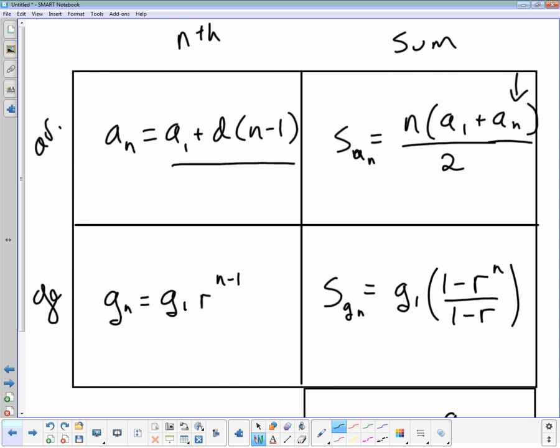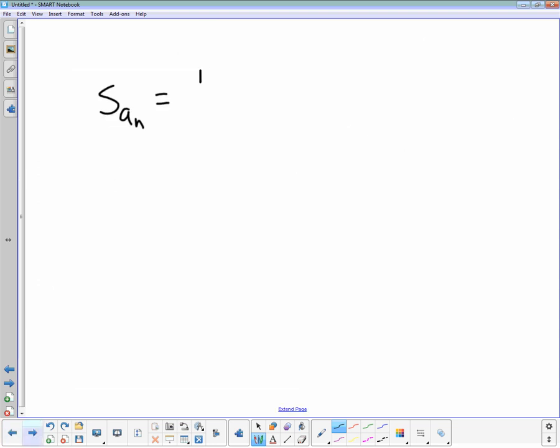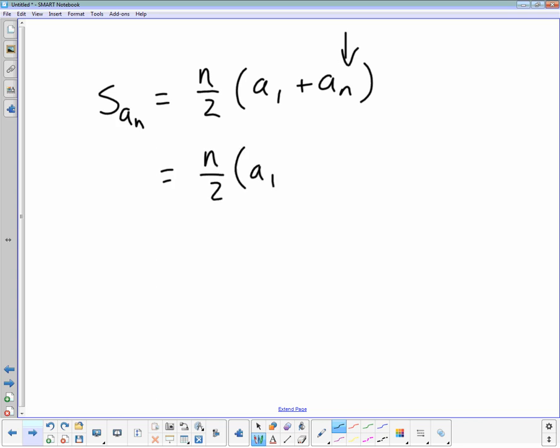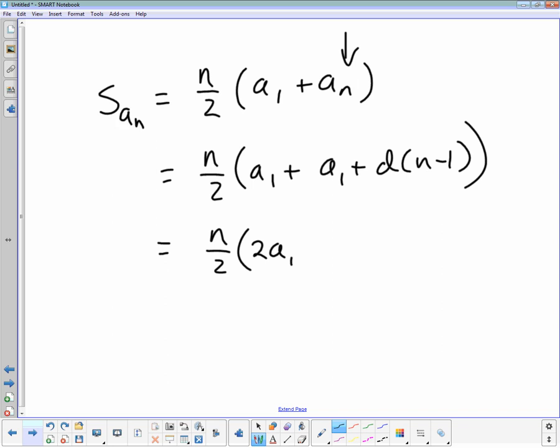And now it becomes n over 2 times a1 plus a to the n, and now we substitute right in here. That's me substituting it in, and now I'm going to distribute and combine and do all that lovely stuff, and I wind up with this one, which doesn't have the last term in it.